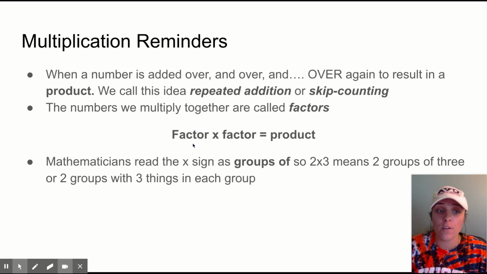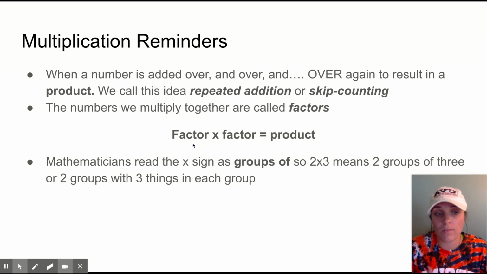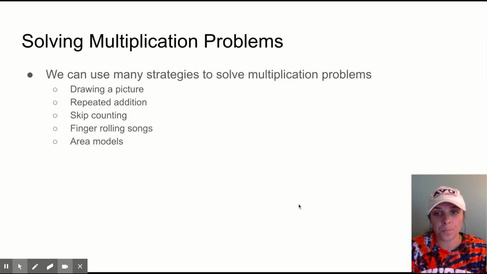So I could have 2 groups of basketballs, and maybe I have 3 basketballs in each group. I know I can skip count by 2s, 2, 4, 6, or by 3s, 3, 6. So I would have 6 total basketballs in that example.